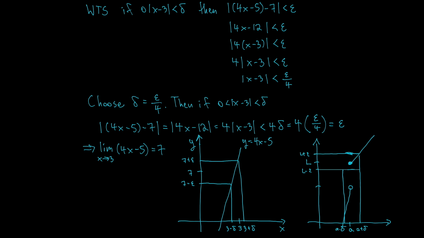So I'm not going to be able to force my function to be arbitrarily close to the limit no matter what delta I pick, because I have to go some distance away from a, and any small distance will always leave a little bit of this graph left over here. I do want all of that to be inside of this box, but I can't force that no matter what delta I choose.